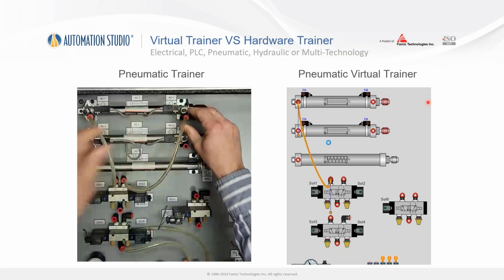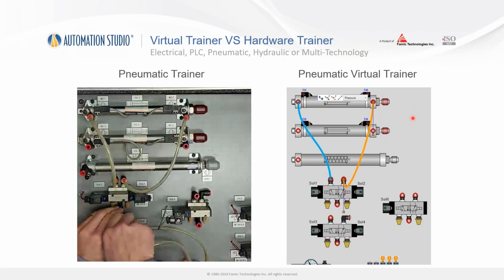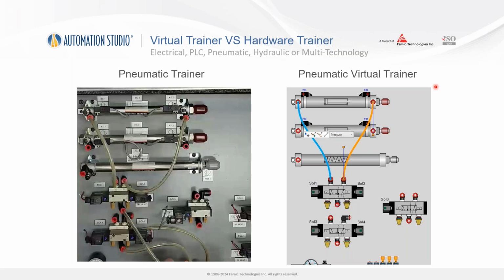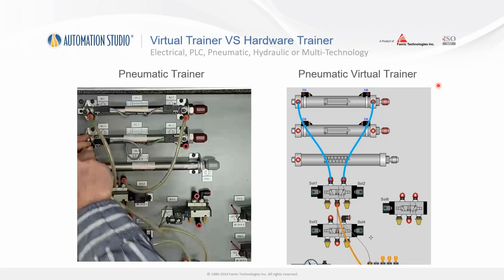So students will understand how it is working, and they can perform different circuits on that in Automation Studio. I will skip this video as we will see it in the presentation of the software.